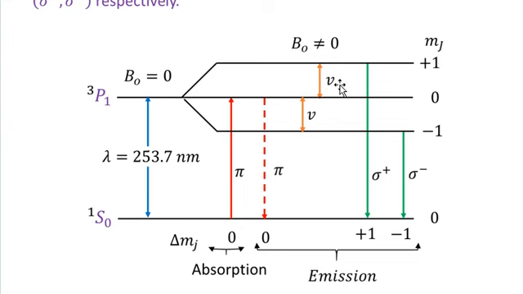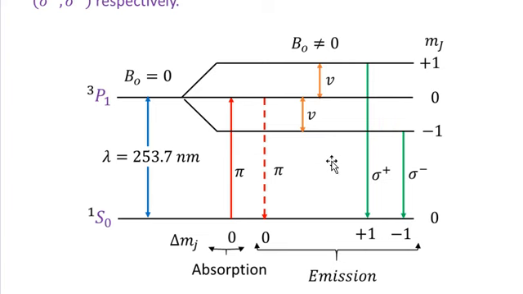And the h nu quanta is provided by the magnetic field B1. So you see that there are two possible transitions, sigma plus and sigma minus. If you could measure sigma plus and sigma minus using these two transitions, you can measure the separation in terms of energy between these two states.